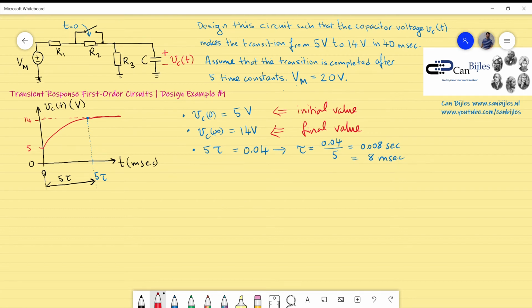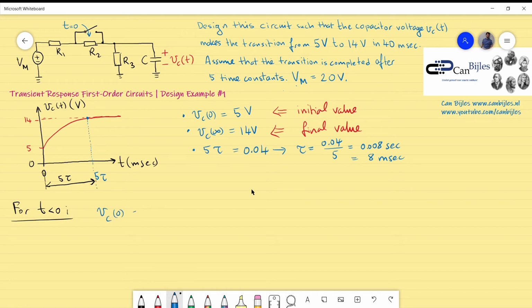In that case, the circuit consists of VM, R1, R2 and R3, and that is in parallel with C. We already assumed also that the capacitor will be an open circuit since the circuit has been running for a long time. So we are measuring the open circuit voltage, which is the voltage across R3. Let's make this clear. For time less than 0, which is the initial condition situation, we have the following.